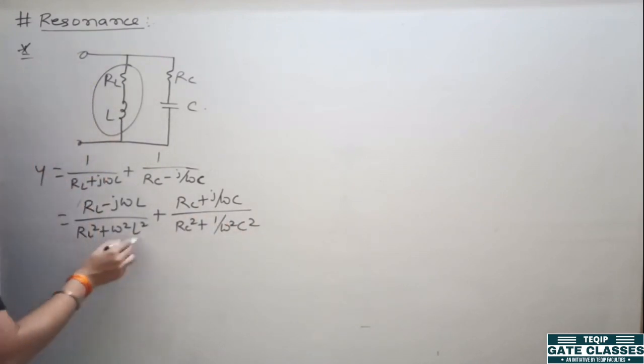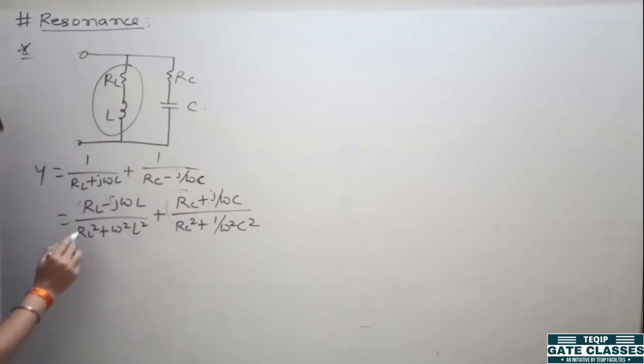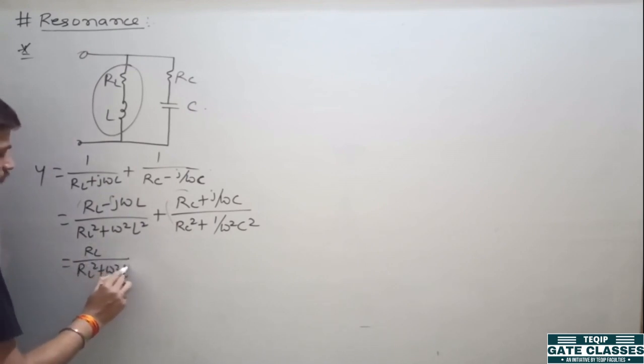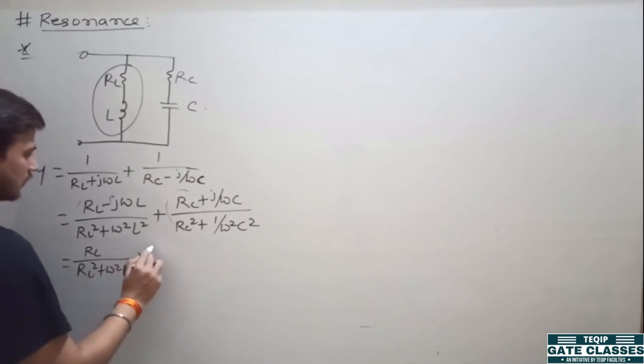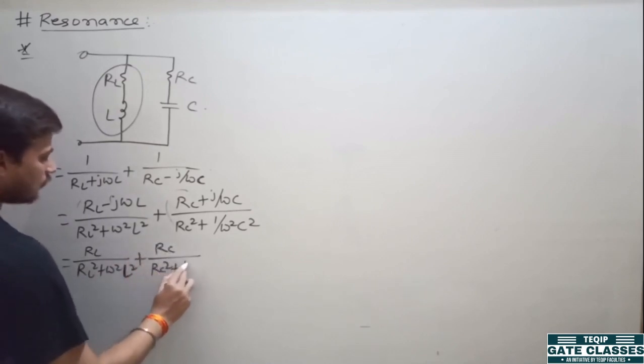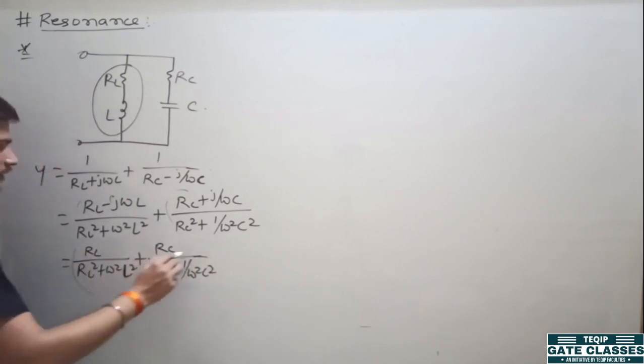So now there will be a real term and an imaginary term. I am writing the real term. The real term is coming RL divided by RL square plus omega square L square, plus RC divided by RC square plus 1 upon omega square C square. This is the real term.